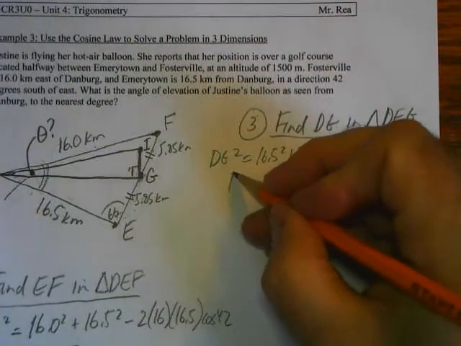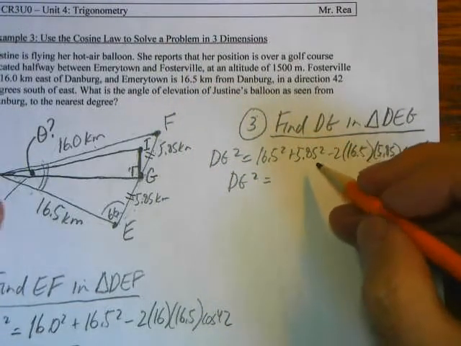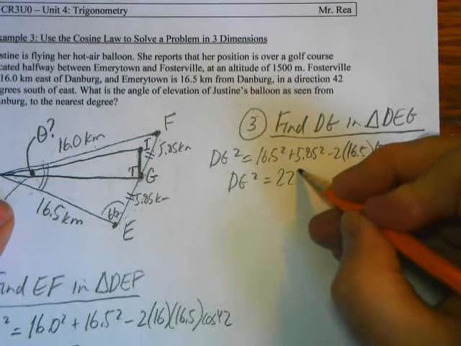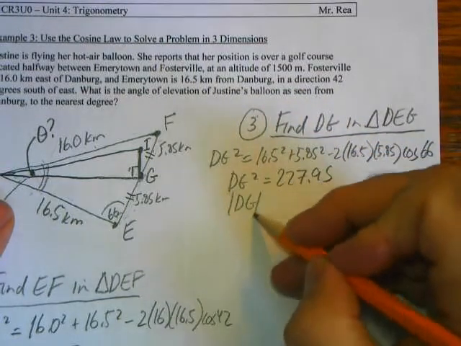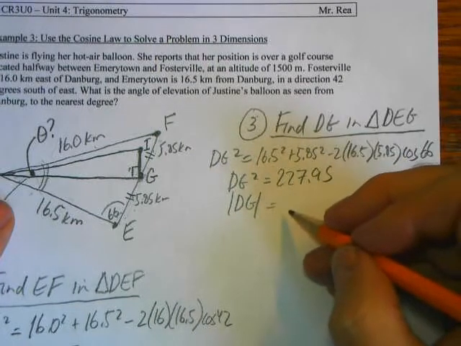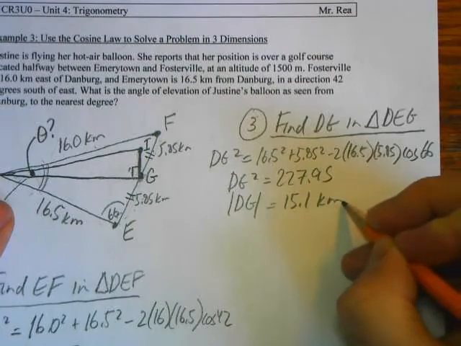Okay, and if I do the whole side in one step, it's equal to 227.95. Take the square root, we get the magnitude of that side. Length of that side is 15.1 kilometers.